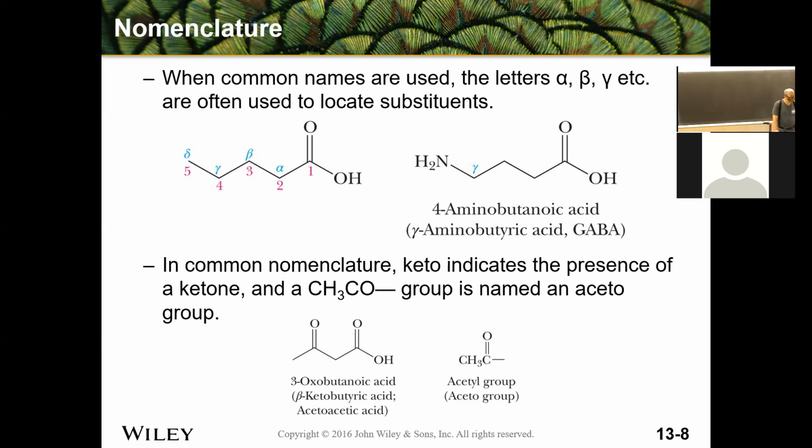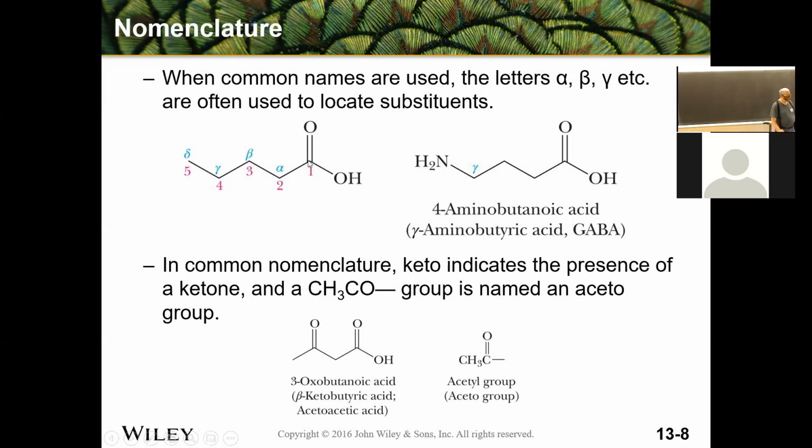You may see this if you happen to look at very old articles or old textbooks. You may see common names with alpha substituents. Just like with ortho, meta, and para, we use these Greek letters to specify relative positions.